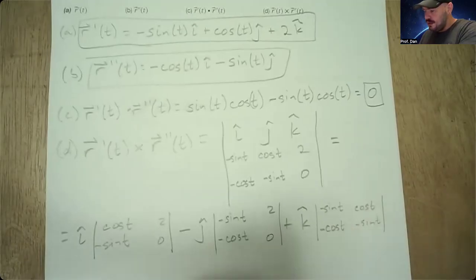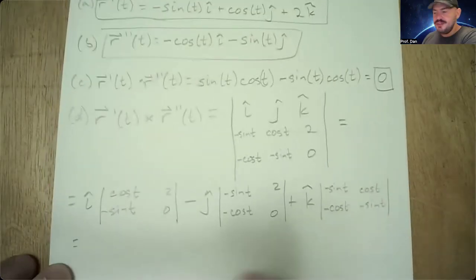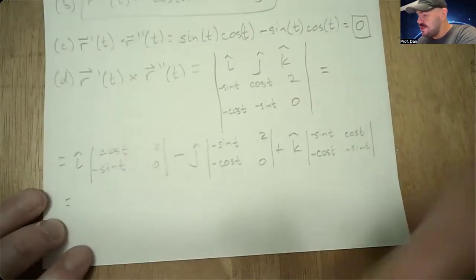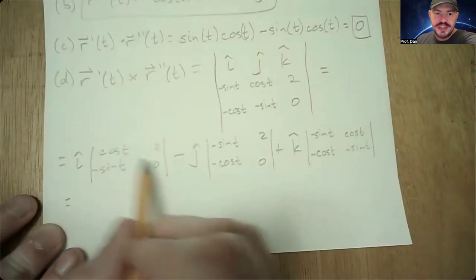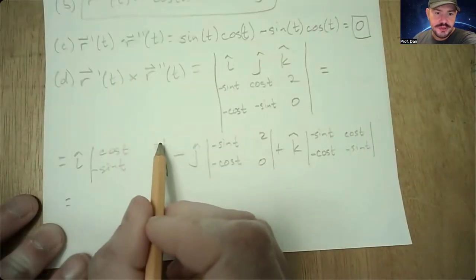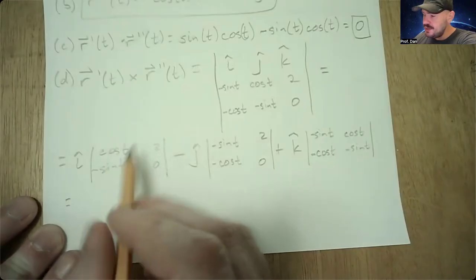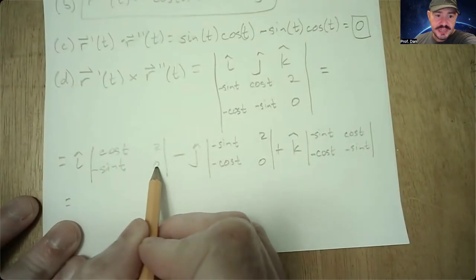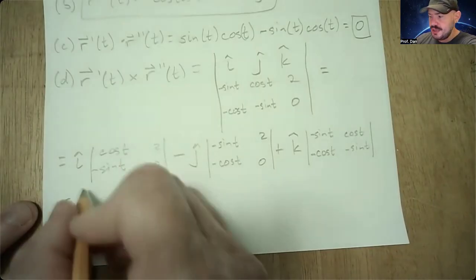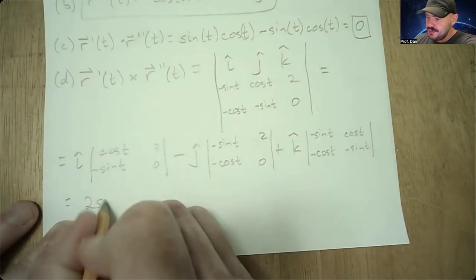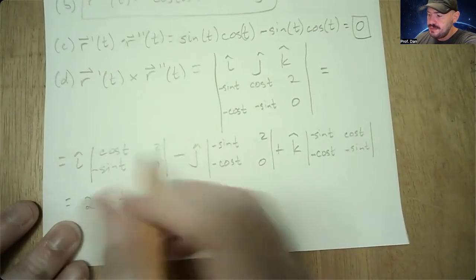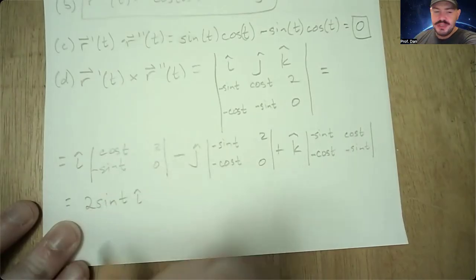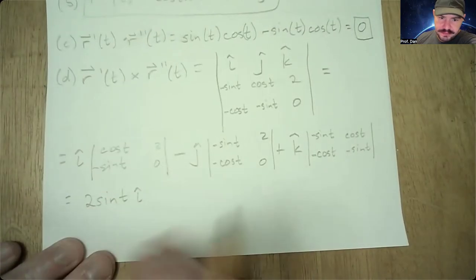Okay. Now going through, remember how these 2 by 2 determinants work. Just multiply the diagonal minus multiply this diagonal. So cosine of t times 0, that's going to give me 0, minus negative 2 sine t gives me just 2 sine of t. And that's going to be the x component.